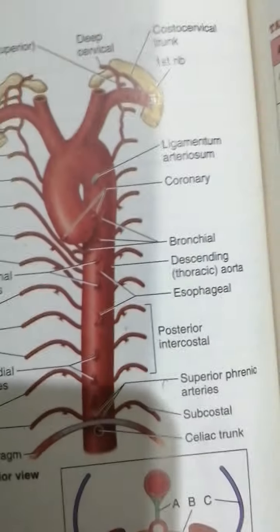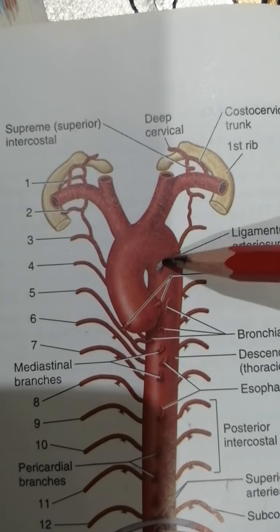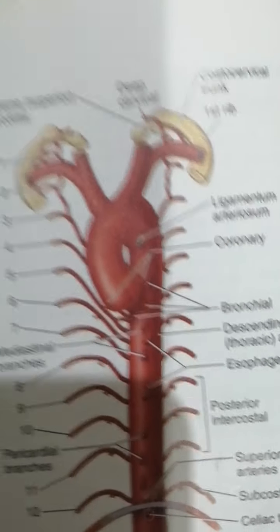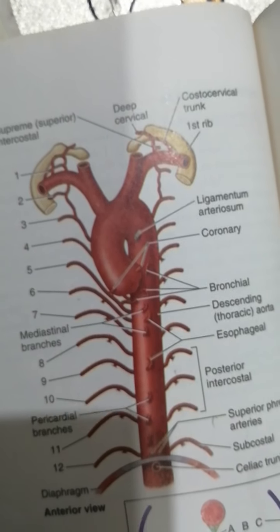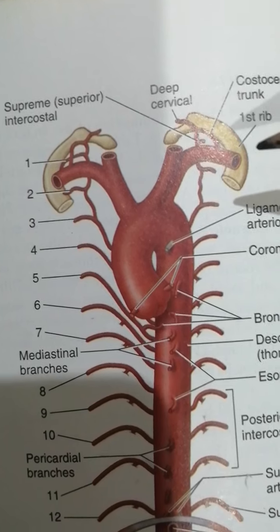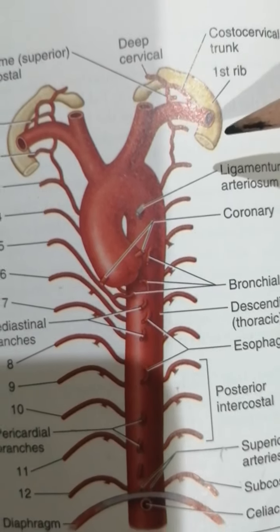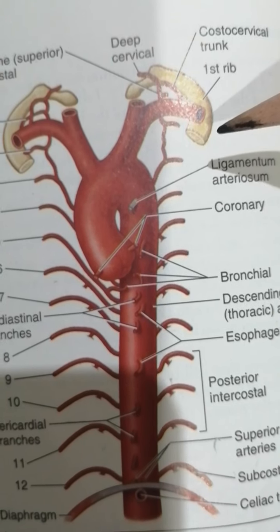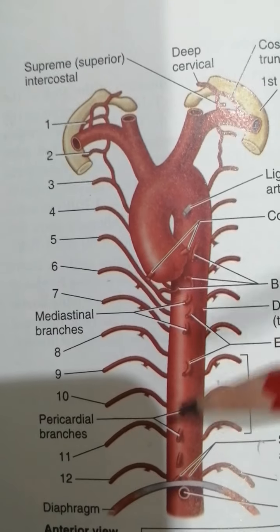So up till now we came to know about the descending thoracic aorta, how it starts, or we can revise it like this, that the descending thoracic aorta begins from the arch of aorta in front of the body of T4 vertebra, T4 T5, it starts with this, and it will come downward up to the T12 vertebra, okay.